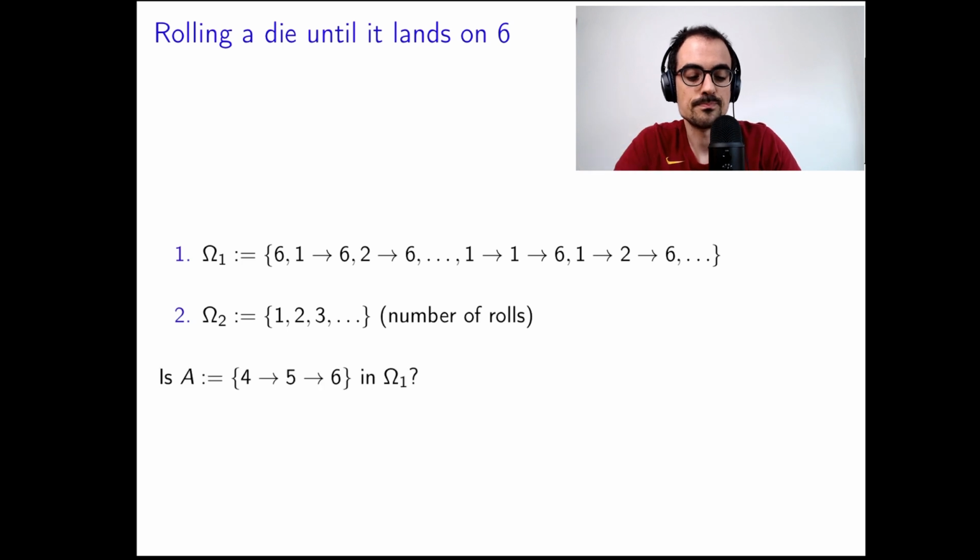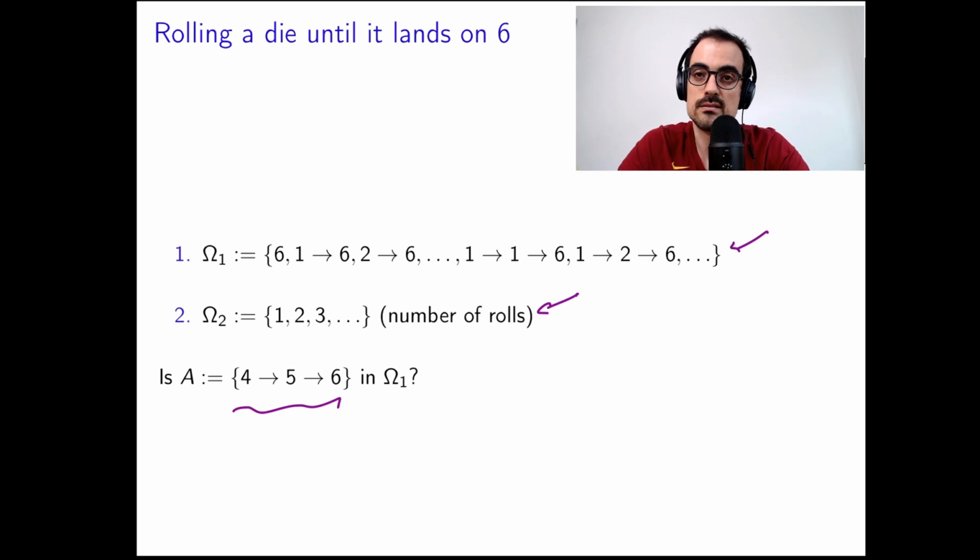So for example, the event I roll a 4, then a 5, then a 6 can be described within the first sample space. It can't really be described in the second one, okay? Here, basically, we would just have to talk about the event I rolled twice. Okay, this is just to illustrate that your choice of sample space is going to determine the kind of events that you can describe later on. So in particular, this sequence is in the first choice of sample space, but it's not in the second.